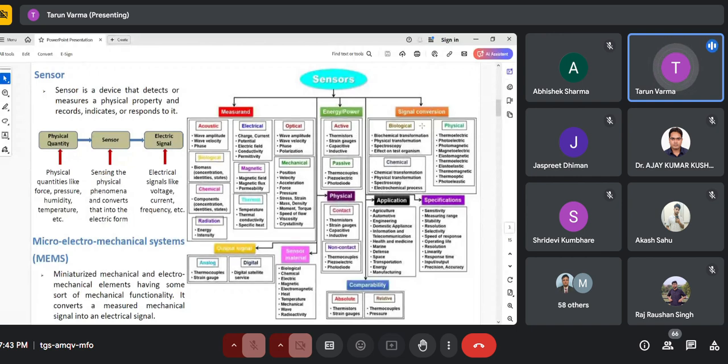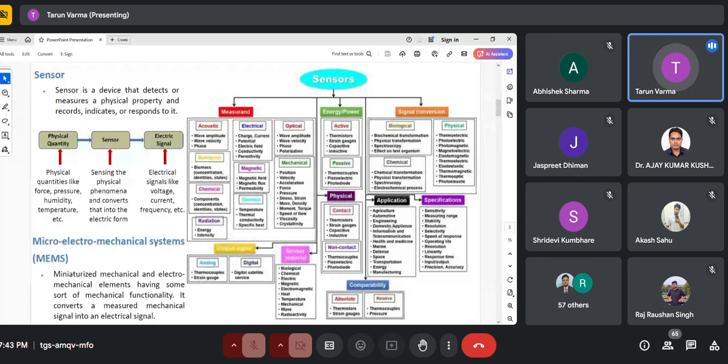Then signal conversion of biological, physical and chemical processes also has to be done. Their applications are varied, starting from agriculture to automotive engineering to domestic appliances, and a huge number in defense, space, and marine.